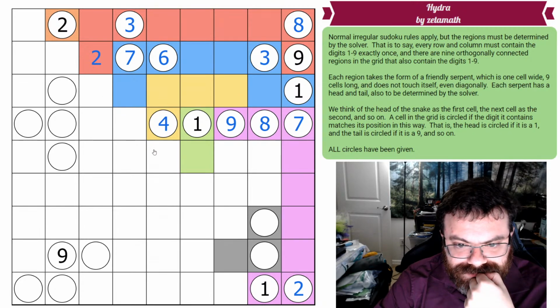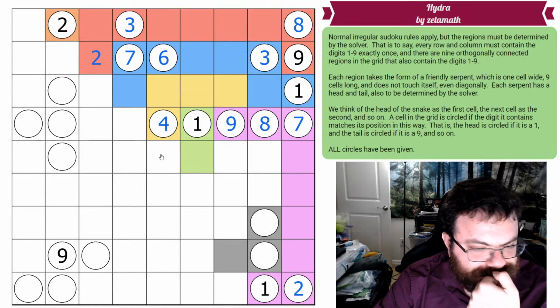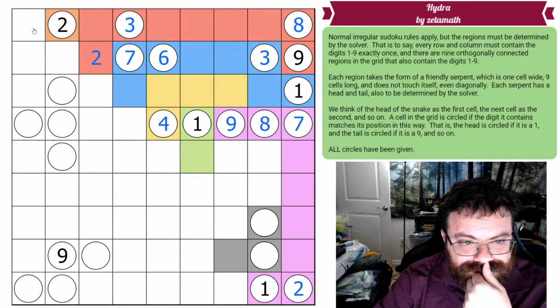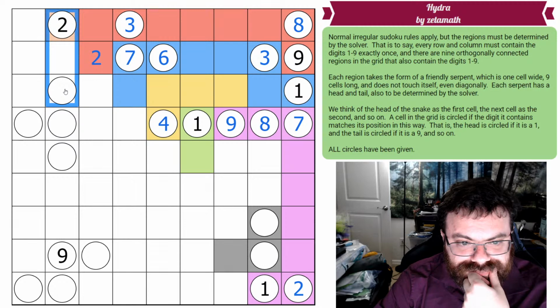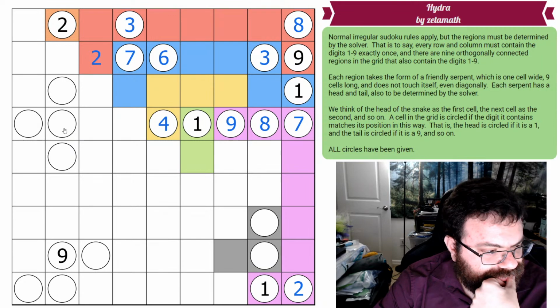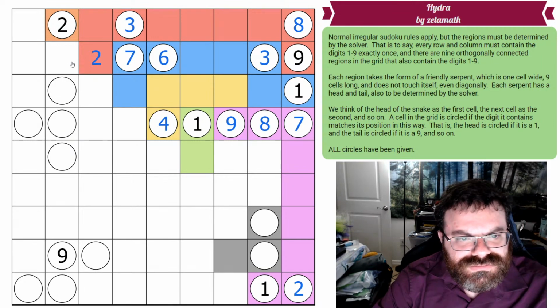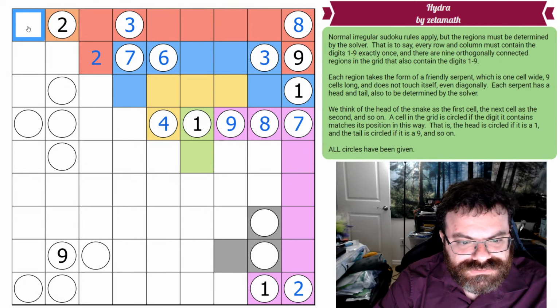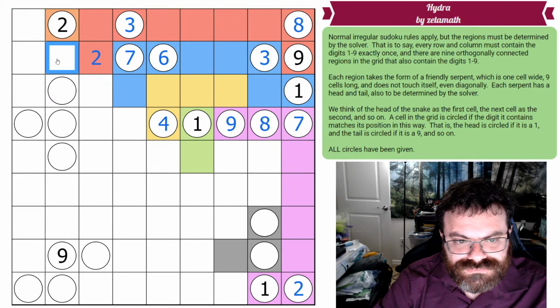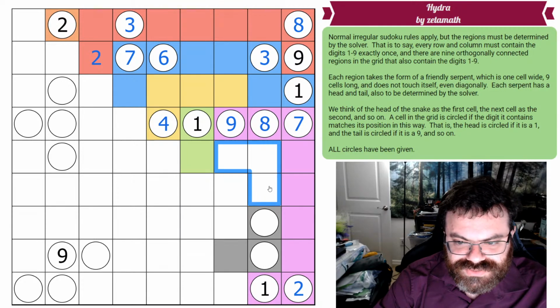Hmm. So I'm not sure what to do up here. Something's going to take this corner as well.